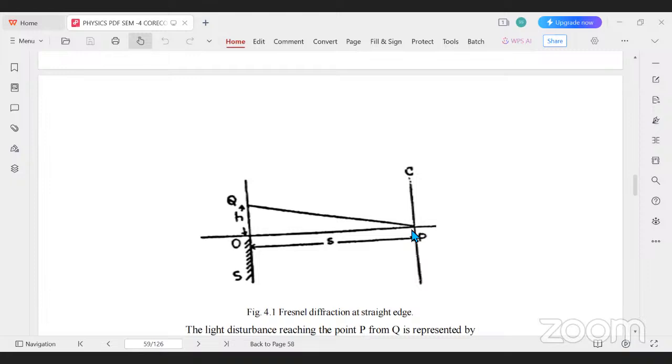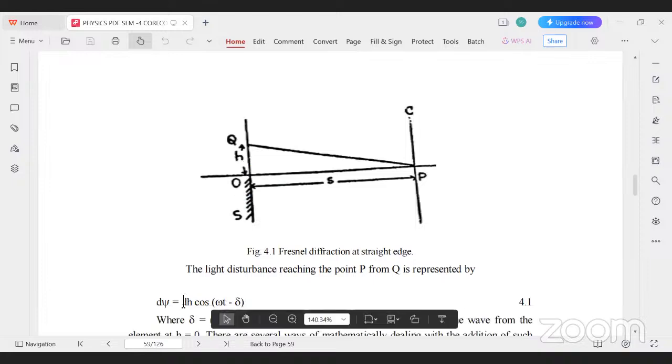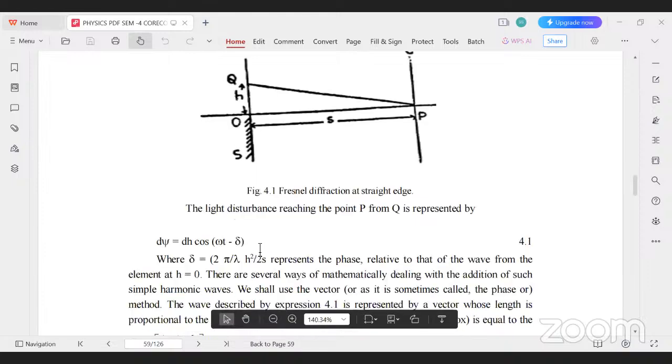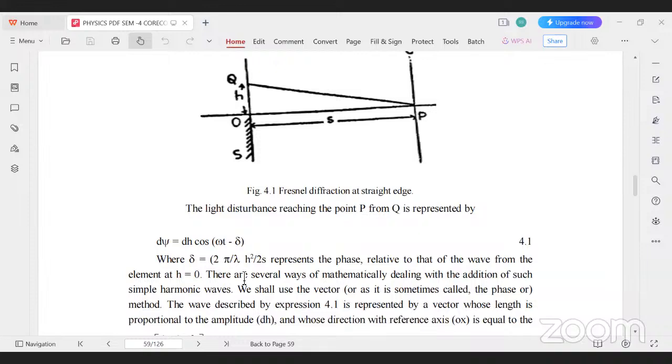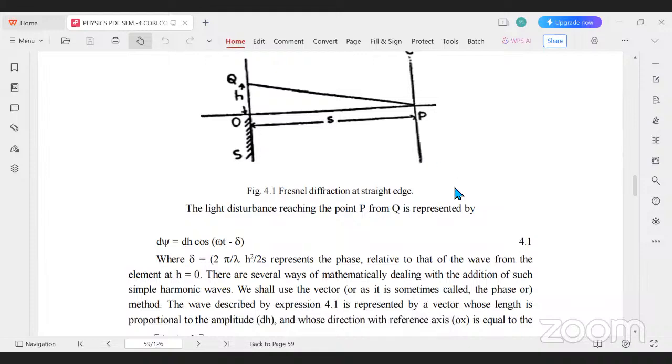So here we can see the light disturbance is reaching the point P from Q. The disturbance is represented by dψ equals dh cos(ωt minus δ), or θ, where θ is equal to 2π by λ. We know that h squared by 2s represents the phase, because ultimately in that third unit we can find the phase difference.